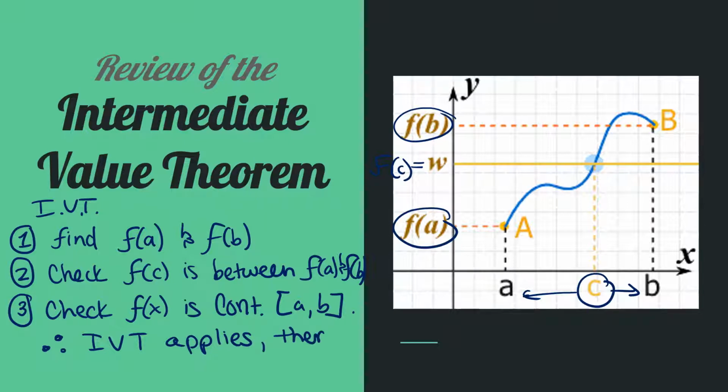And then we can say there exists some C between A and B. Now remember, this is a formal proof, so you need to actually have that full sentence at the bottom. It doesn't have to say it exactly in that way, but we would need to refer back to IVT and then say that there exists some value C in the interval A to B. So let's give that a go.